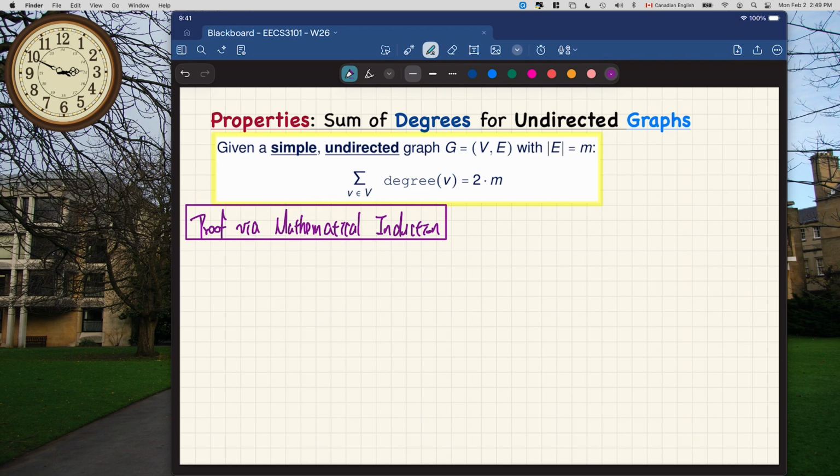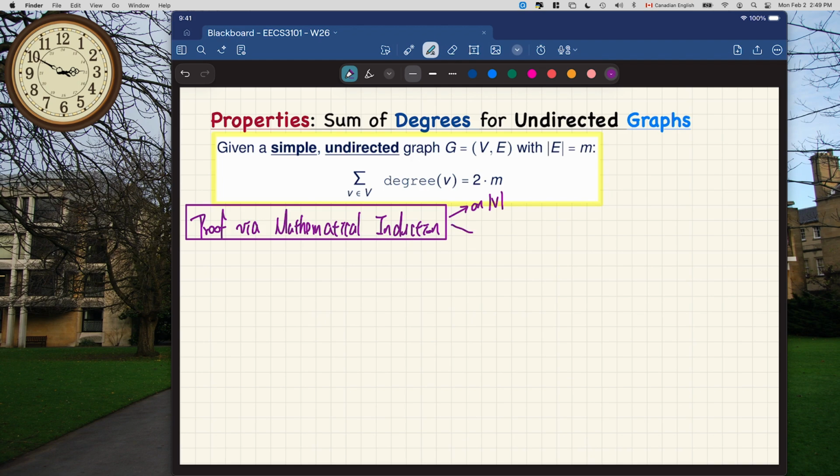And you already have a decision to make. Obviously, you can try to make the induction on the size of V. We can make the induction on the size of E. So there's a decision to make right away. So it could be mathematical induction on the size of V: how many vertices we have, starting from maybe 0 vertices, 1 vertex, 2 vertices, and so on.